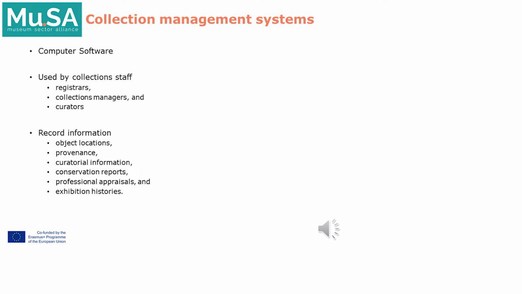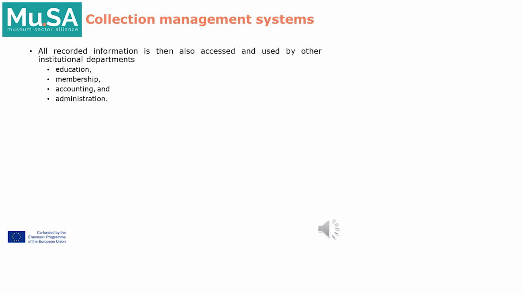As we already said, collection management systems are computer software. They are used by collection staff such as registrars, collection managers, and curators. They want to record information, for example, object locations, provenance, curatorial information, conservation reports, professional appraisals, and exhibition histories.